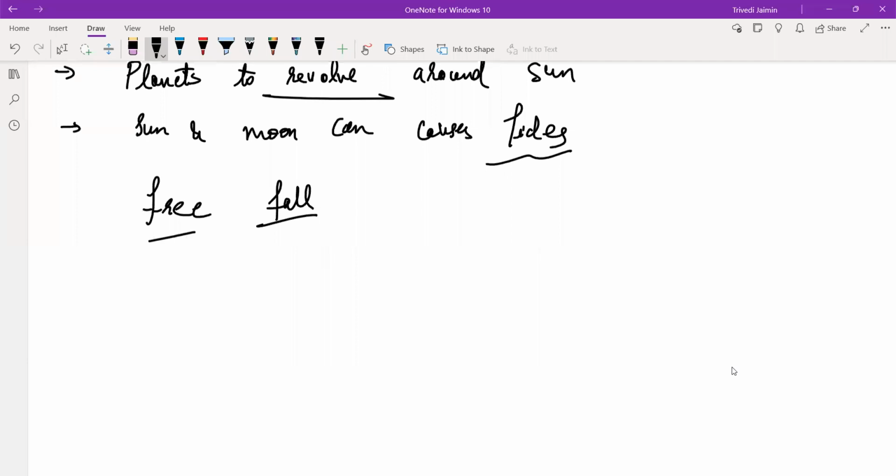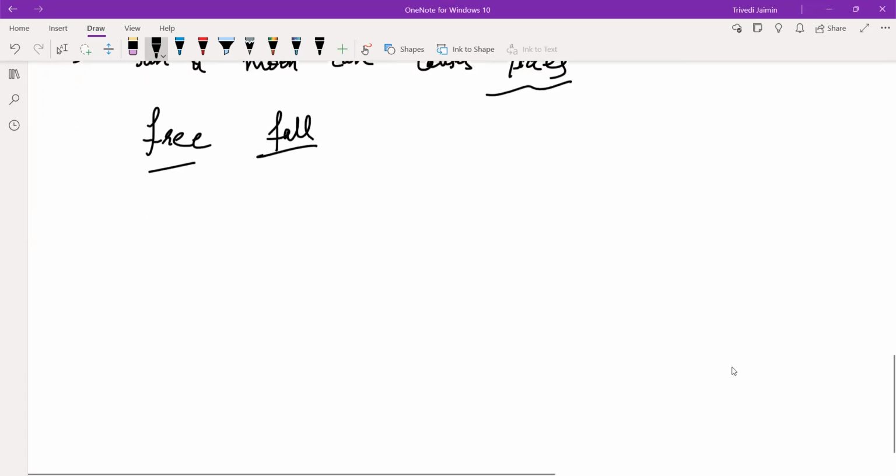Clear? Yes. Okay. So I'll say the same answer which you said, and I'll add one more thing. When an object falls towards the Earth's surface without any external force, it is falling only due to what? Acceleration due to gravity. Okay, so let me write here, same point.